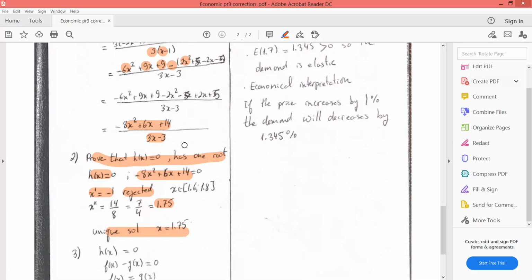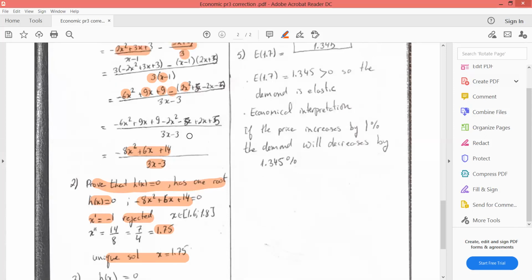Any question? No. Now here it matters to give an economical interpretation of the solution. What is the economical interpretation? Who can give the economical interpretation? What did you write in the homework?